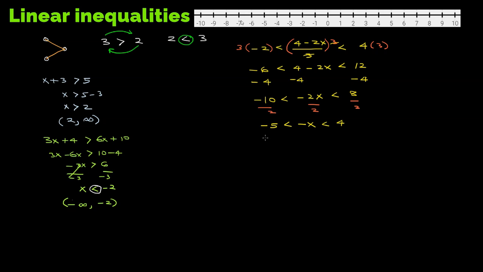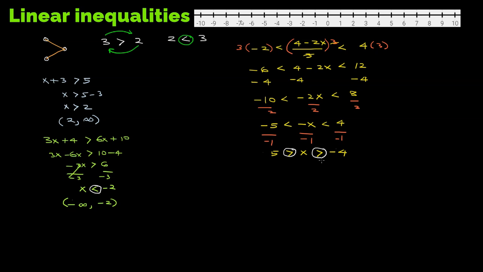So eliminating the negative sign, I have to divide by negative 1, all parts. And the consequence of this is we have 5 now, which is greater than x, and greater than negative 4. Remember, we are changing the signs because we are dividing by a negative number.